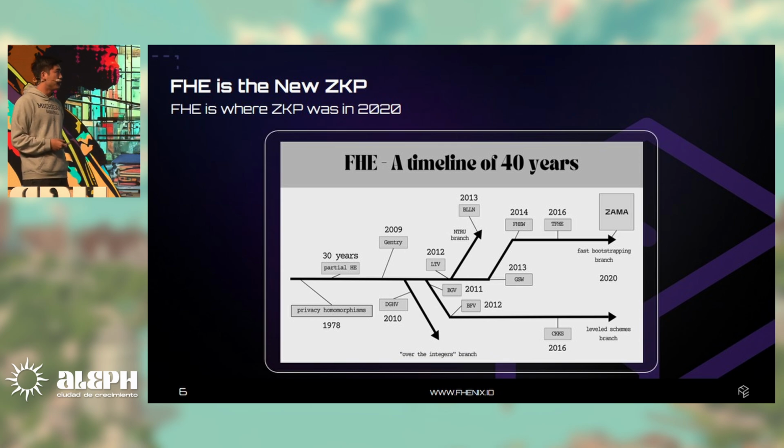From there, there have been all these branching FHE schemes. Some include leveled schemes, which operate over floats. Some people will say that's better for machine learning and AI. I don't know, but that's what people say, and there's a lot of different takes. But at least for us, one of the branches that we're using right now is called TFHE, which is the fast bootstrapping branch. It has Boolean circuits, etc., but it allows you to reset arbitrarily.